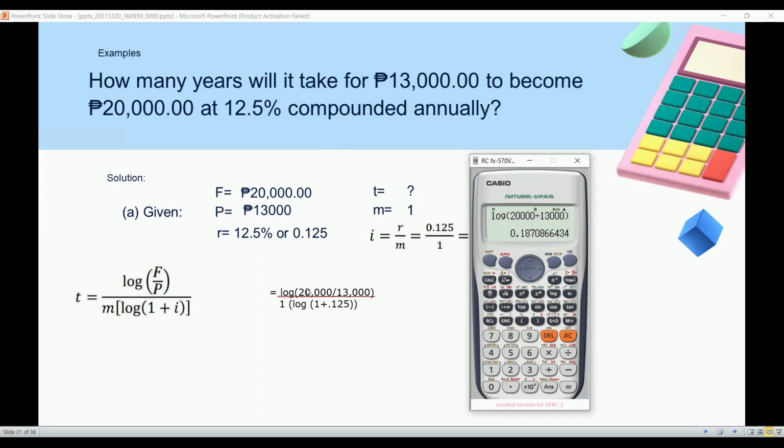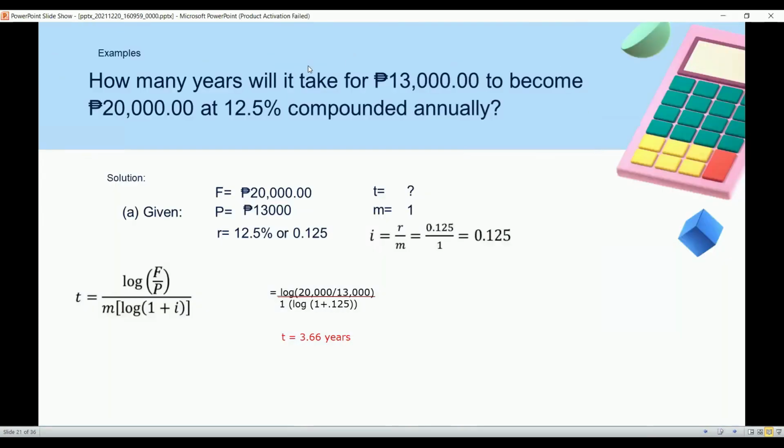That is our numerator answer. Then divide by 1 and log of 1 plus 0.125. So, for our time, we have 3.65. The question asked for years, so we round off the 65 to 66 years. So, that is our time.